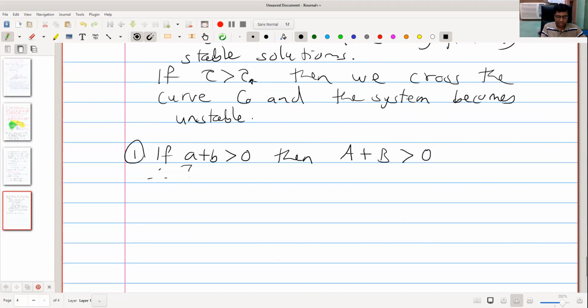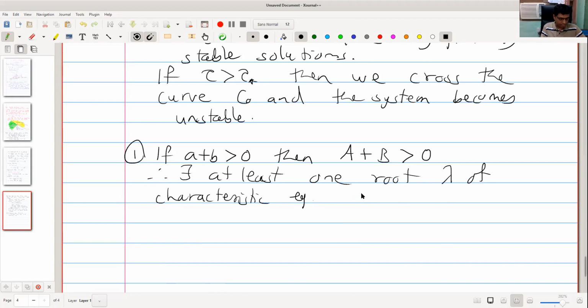Therefore there exists at least one root lambda of the characteristic equation such that the real part of lambda is greater than 0.